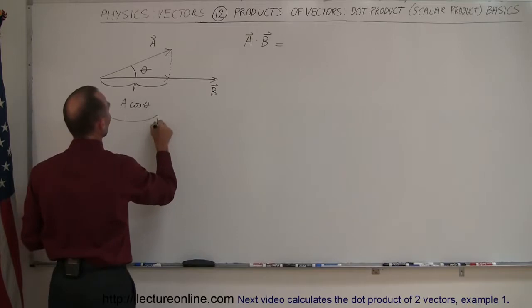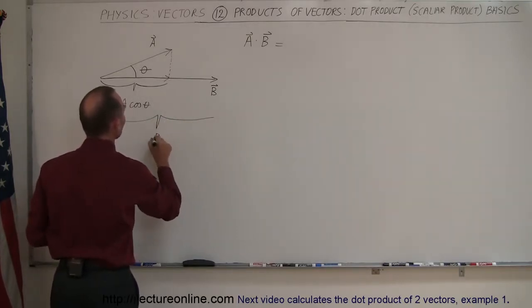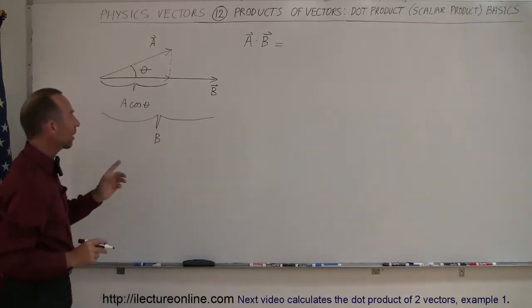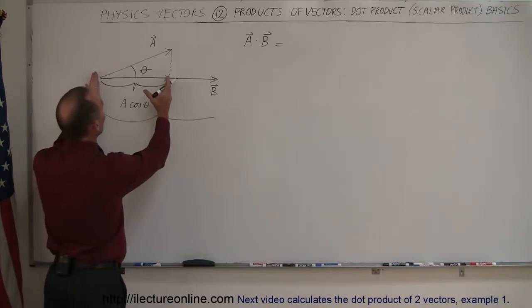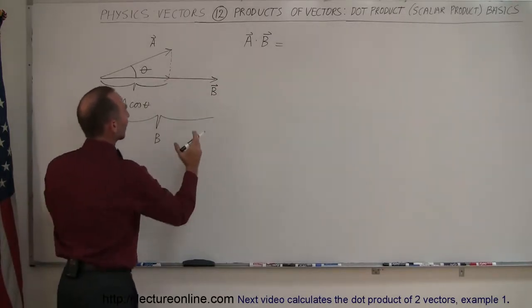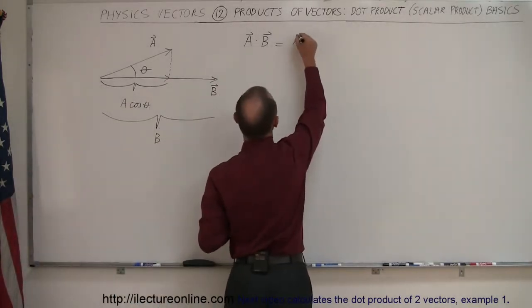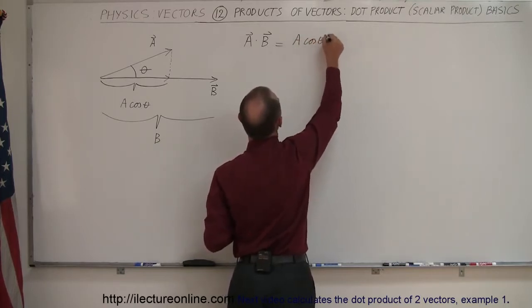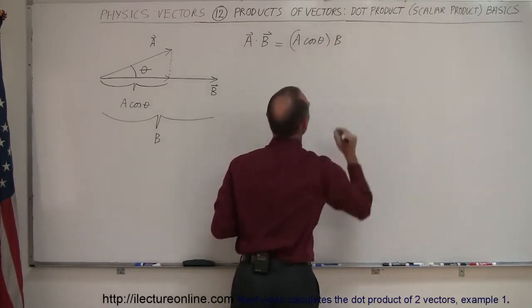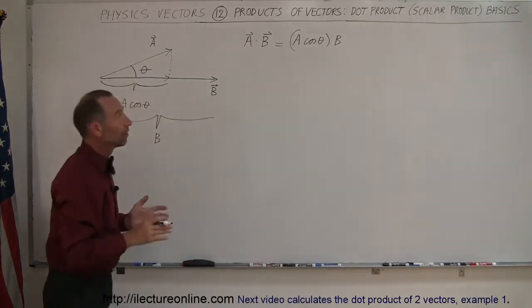So if I realize that this is the magnitude or the length of the B vector, the dot product is simply this length times this length. So it is equal to A times the cosine of theta times B. So that's by definition the dot product.